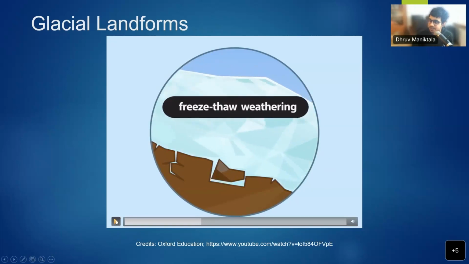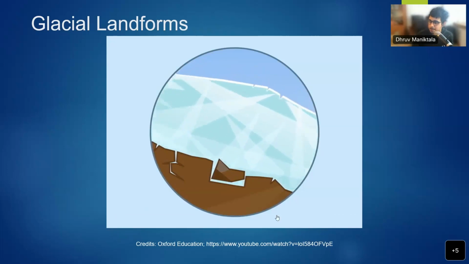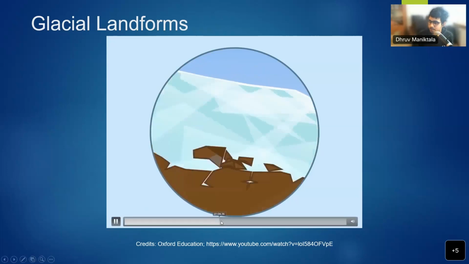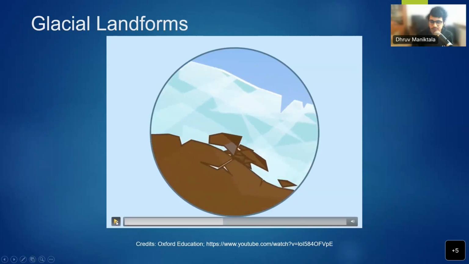As you can see, it's called freeze and thaw weathering. The loose rocks flowing down along with the glacier on the bed surface basically erode the surface of the bed, and it's called abrasion. They act like sandpaper.